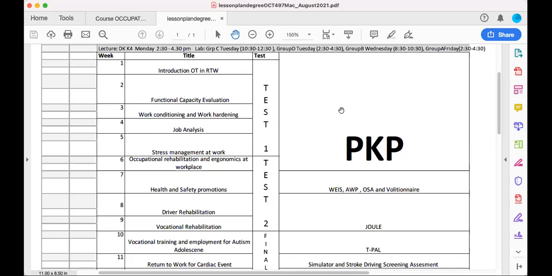Kita ikut schedule 14 weeks. Ikutlah lab tu tak mengganggu. Maksudnya lab ni sekarang ni Tuesday, Wednesday and Friday. Kan Monday kelas. So every week ada kelas on Monday. Setuju tak tu?